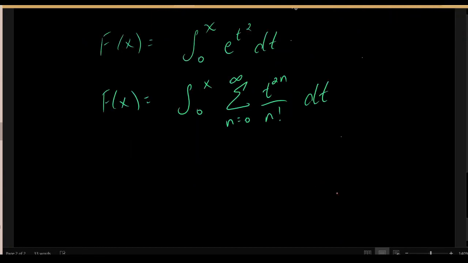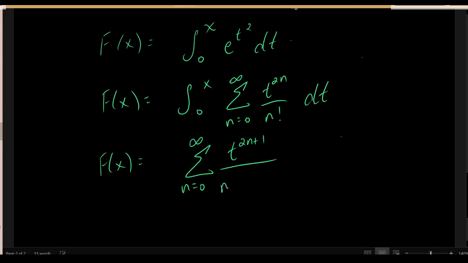So I'm going to take the integral one term at a time using the power rule. So t to the 2n plus 1, increasing the power by 1 unit, and then divide by that increased power. Evaluate this as t goes from 0 to x.